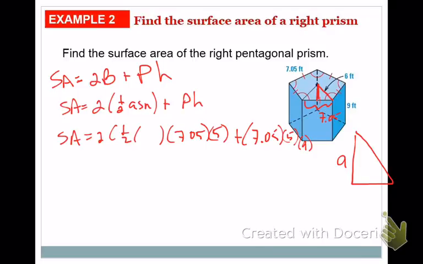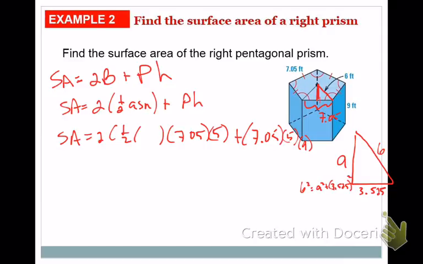Remember that in the right triangle, it's half of that, or 3.525. Okay. Oh, actually, we do have the radius here, which is 6. So to find the apothem, we can just do Pythagorean theorem, where 6 is the hypotenuse, and a and 3.525 are the legs.